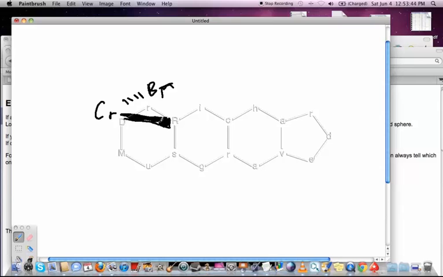Now again, this is showing the Br pointing back, and this wedge here is showing the Br pointing forward. And we'll make this one an F, and we'll make this one a Cl. Now if I take the mirror image here, not worrying about the counter ions, you'll see what happens.